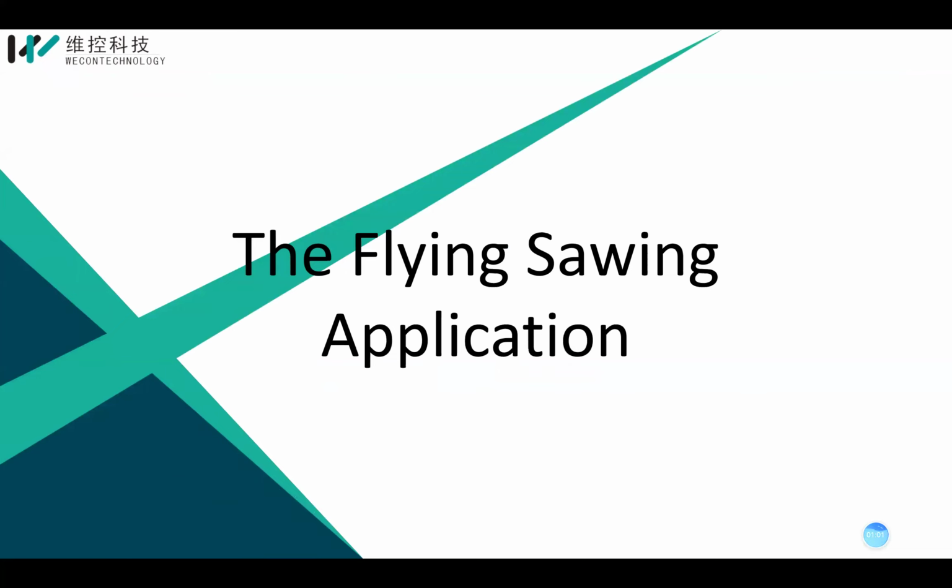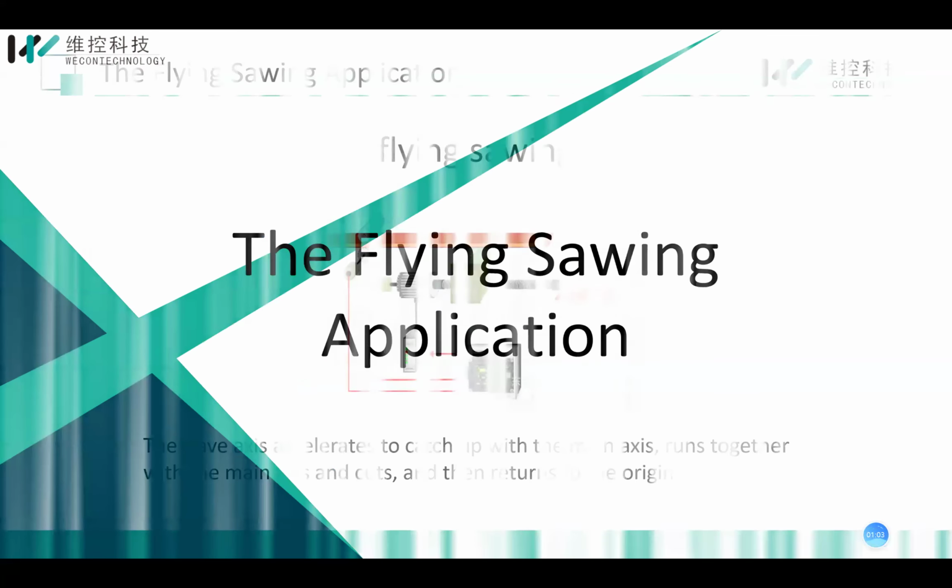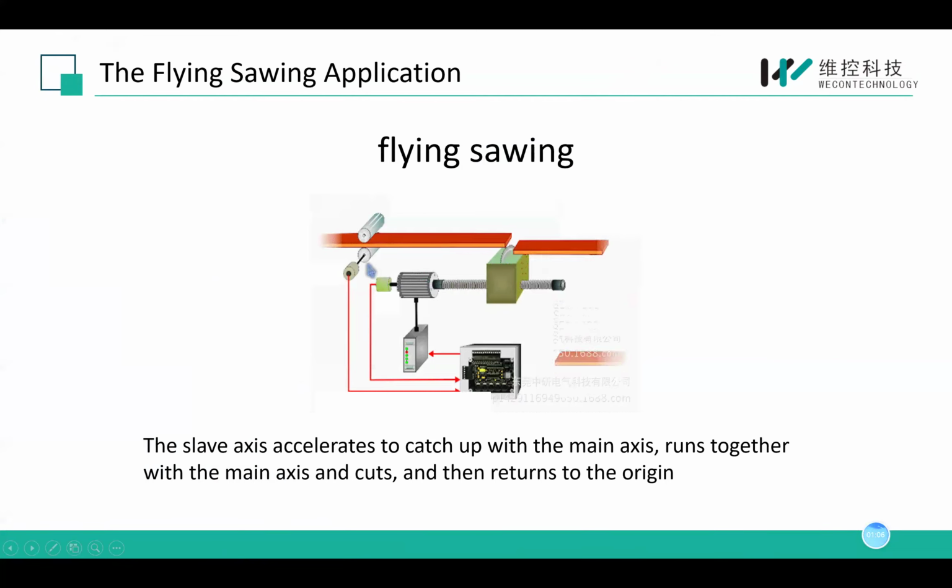For the flying sewing applications, we can see these pictures. They show the movement between the master axis and the slave axis. We can see the difference between flying sewing and rotary sewing. For rotary sewing, the slave axis always runs in the same direction, but for flying sewing, we can see it changes direction while moving.